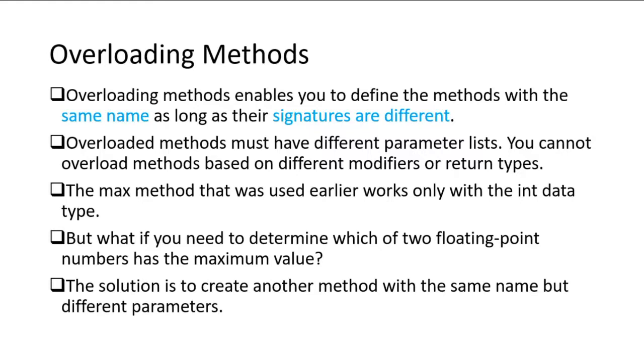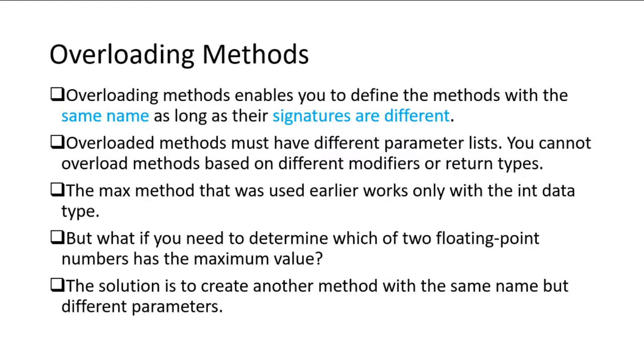So we have been using this max method earlier as an example, but that example works only with the integer data type. What, for example, if you need to determine which of the two double numbers has the maximum value?